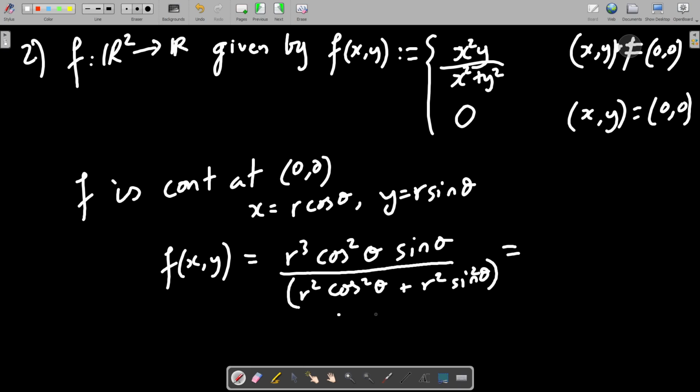We take r square common here and cancel out the numerator term. Denominator will become 1.